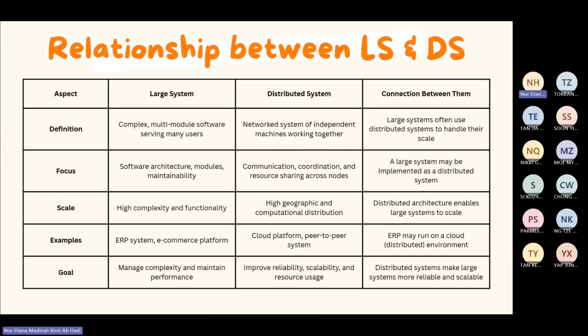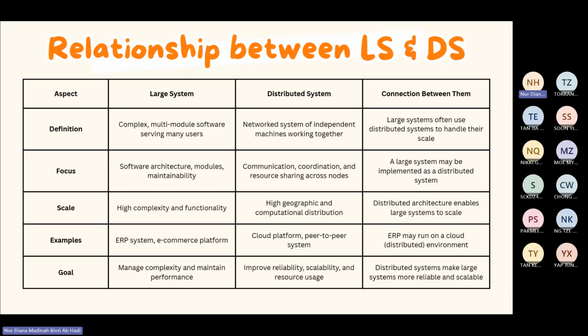Yes, miss. Next, we have to see the relationship between them because just now I mentioned not all distributed systems are large systems, right? In terms of definition, large systems often use distributed systems to handle their scale. Why? Because a large system is equivalent to big complex software which has a lot of modules and users.